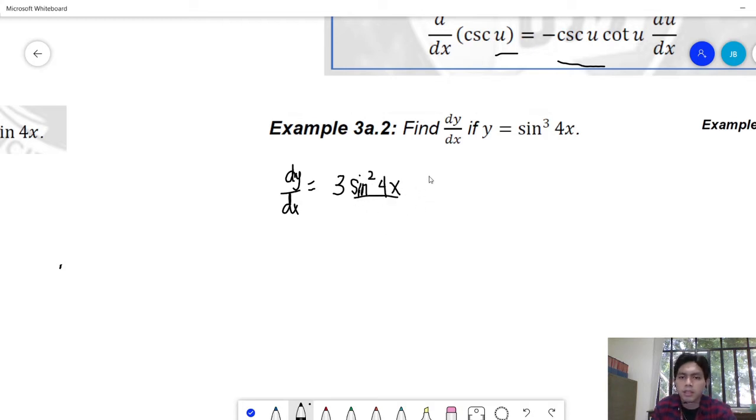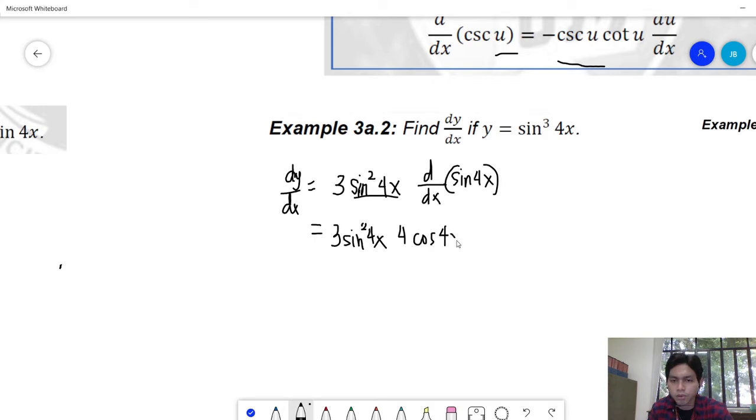The derivative again of sine 4x is 4 cosine 4x.